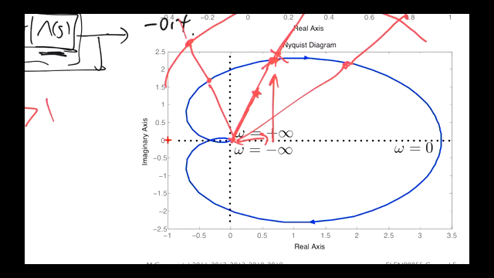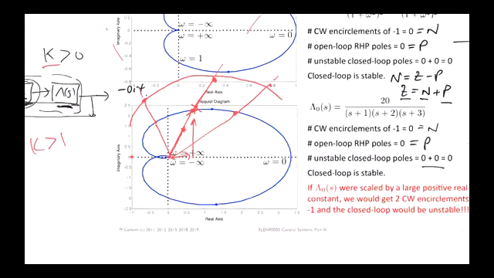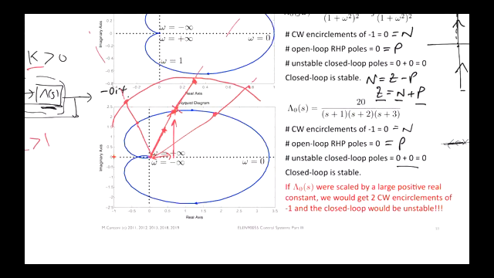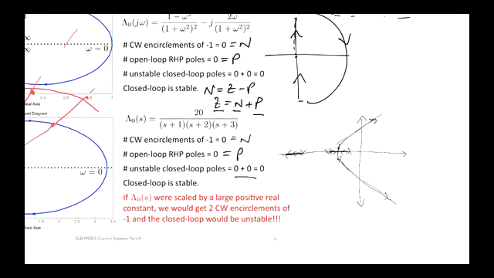And so if we're getting n equal to 2 and we've got p equal to 0, then we're going to get z equal to 2, and z is the number of closed loop poles in the right half plane. So if we scale this up by a sufficiently large constant, we'll end up with 2 unstable closed loop poles. And that's consistent with what we would see by doing root locus analysis.